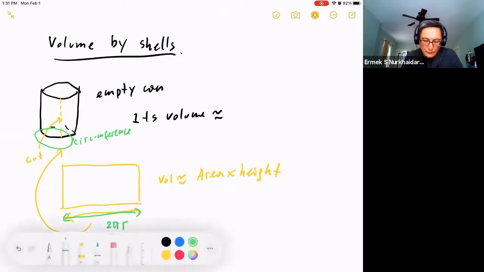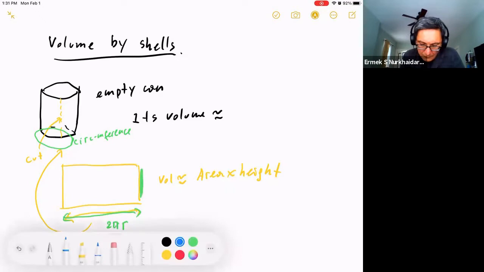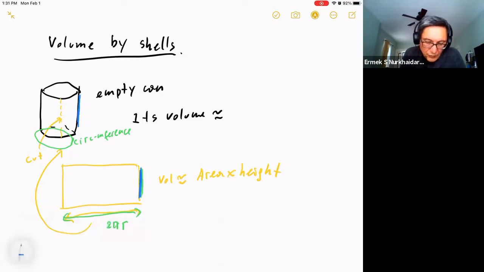This other side corresponds to the height. So what we've got so far is area equals 2 pi r, and I'm going to use h for the height.